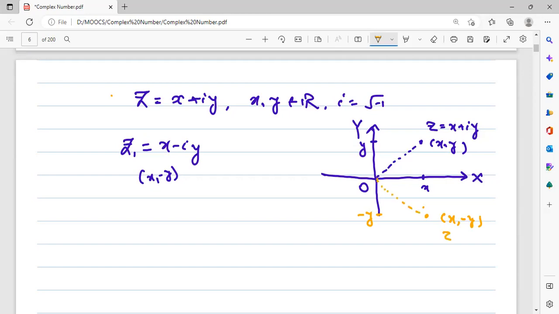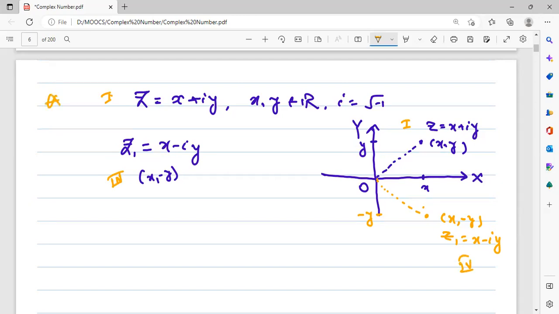This is my complex number x minus iy. If the first complex number is in the first quadrant, then we get the position of the third one by only changing the sign of the imaginary part. Then this is in our fourth quadrant.